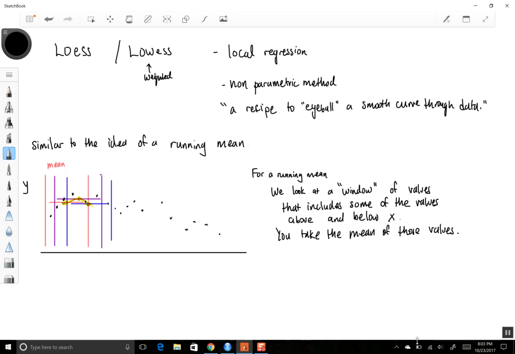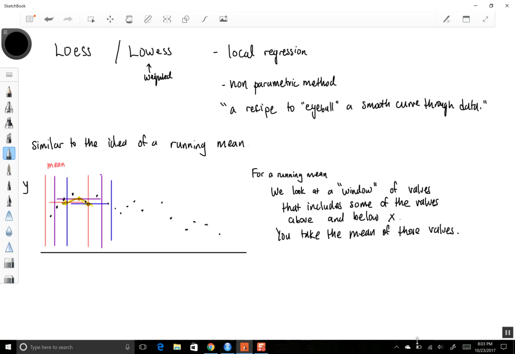With local regression, we do something similar, except rather than just saying the 6 values below and the 6 values above, or the 2 values below and the 2 values above, we put weights on the values close to the x, and we reduce the weights that are far away. Okay, so maybe you factor in the 6 values below and the 6 values above, but the one that is closest to x has a weight of 1, and then the ones that are 2 measurements away from x, maybe those have a weight of 0.8.